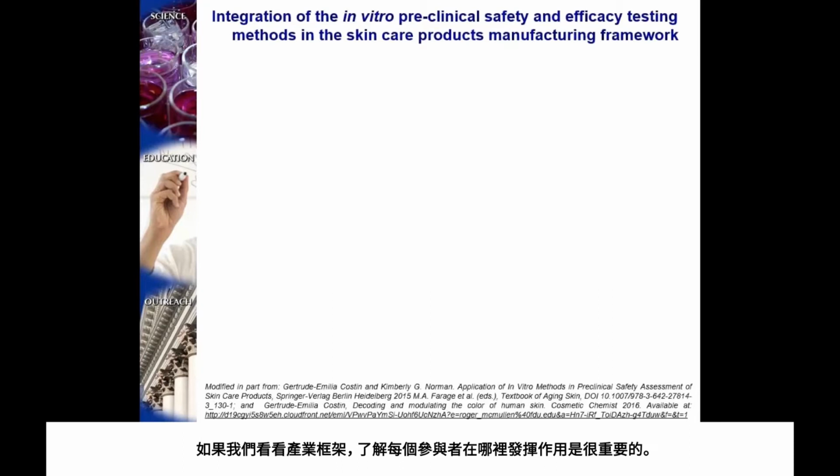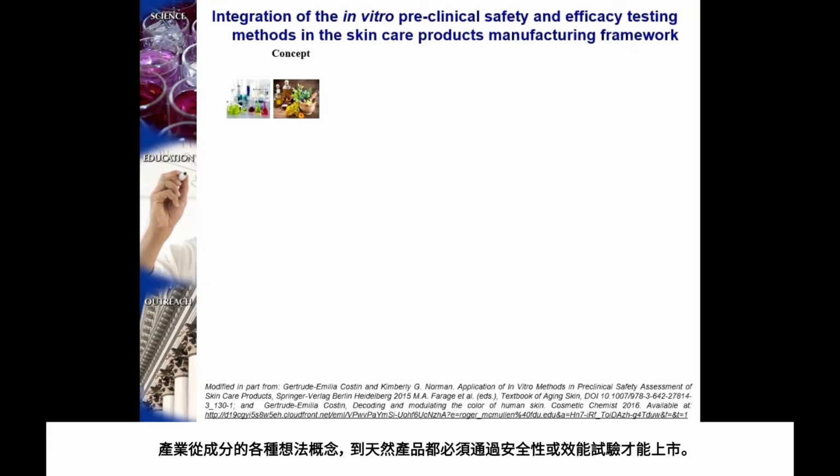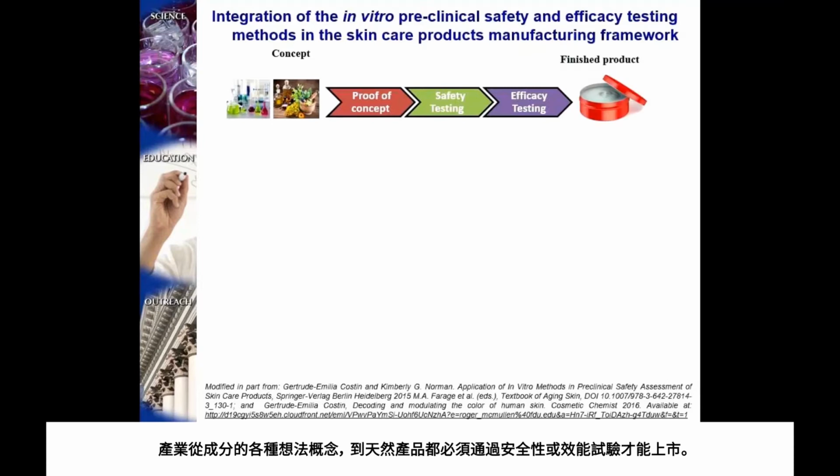If we look at the framework of industry, it is important to know where each player plays a role. Industry comes into the picture with various concepts on ingredients and natural products that have to be tested for safety or for efficacy before having a finished product put on the market.